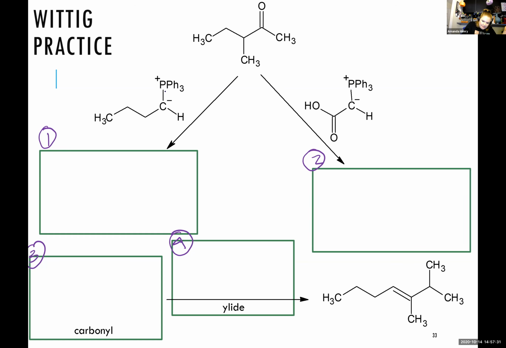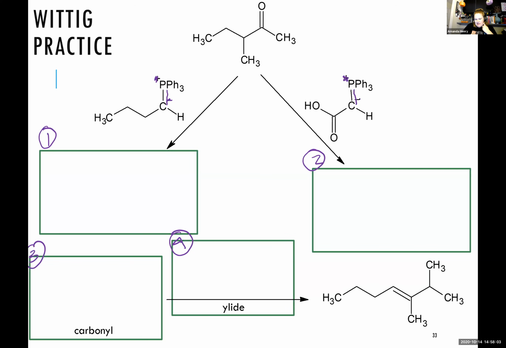I'm going to put my double bond here, just because I prefer the double bond over the charges, even though I made these examples and changed my mind halfway through. On the bottom we have an alkene, and we are going to figure out how we can make that alkene using a carbonyl and an ylid.